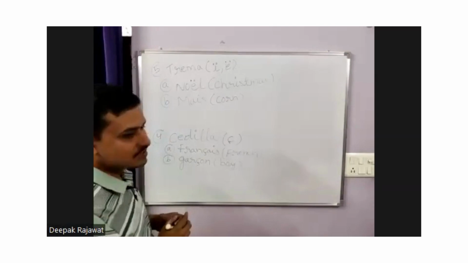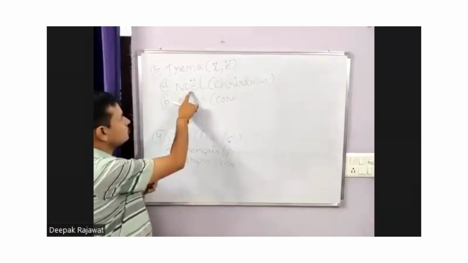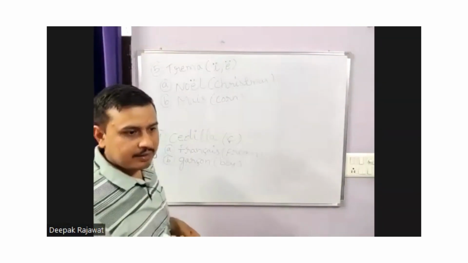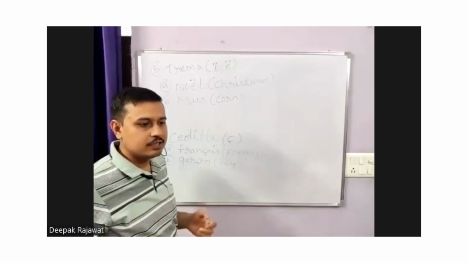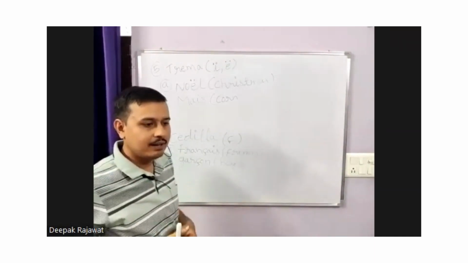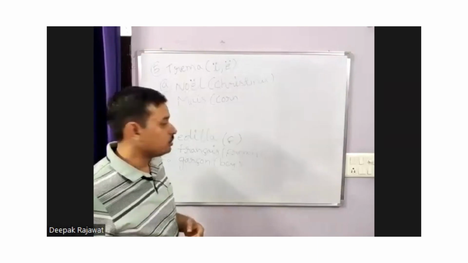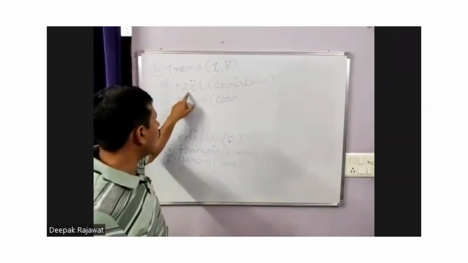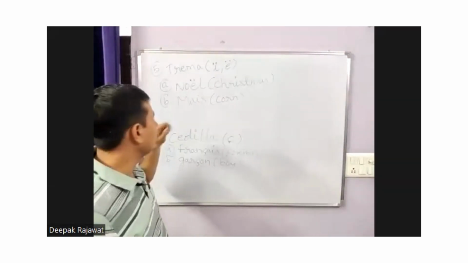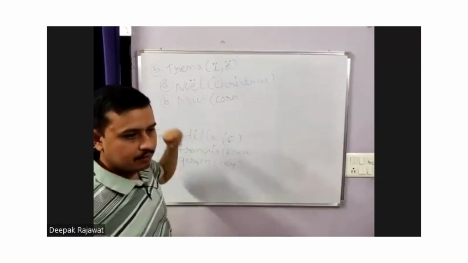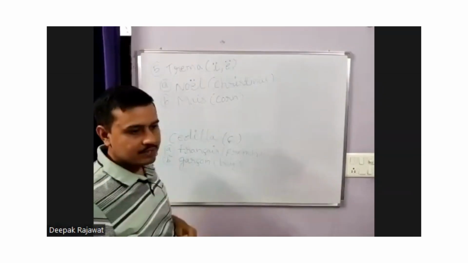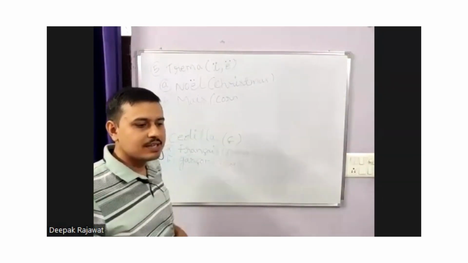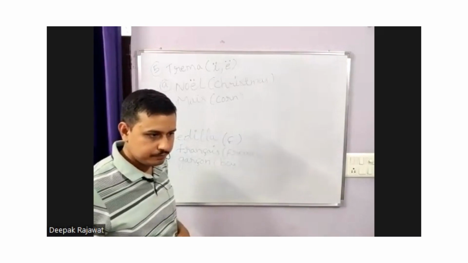Okay, so we put this trema to pronounce these two letters separately. In French, what happens? Some letters combine together to make a different pronunciation. But when we are putting this trema, we have to pronounce this O and E separately. Noël, maïs. So these are the 5 accents in French.